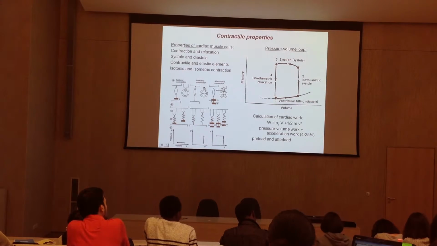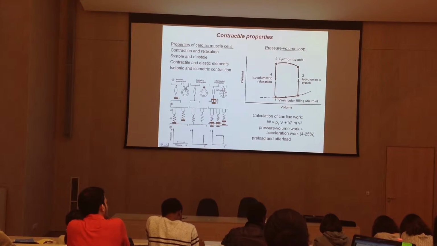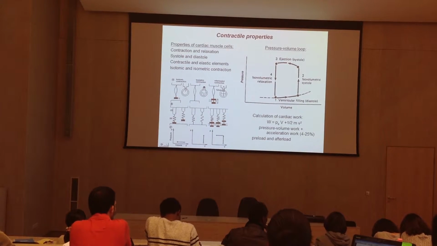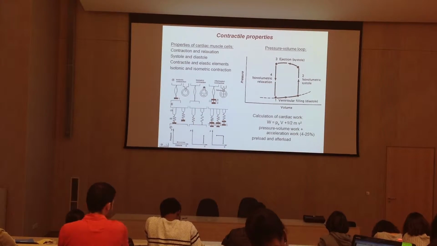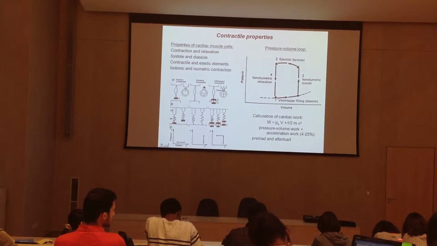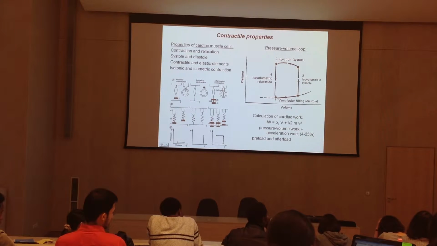Okay. Therefore, there are 2 important determinants of the cardiac work. How large is the volume and how large is the pressure? Now, what is the volume? The ventricle can eject only as large a volume as flows into the ventricle. How large is the venous return?